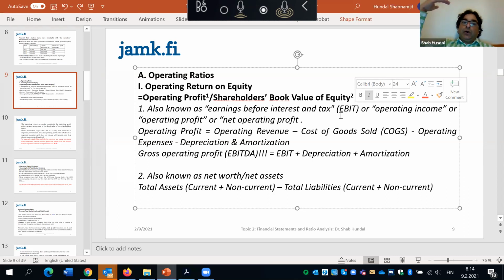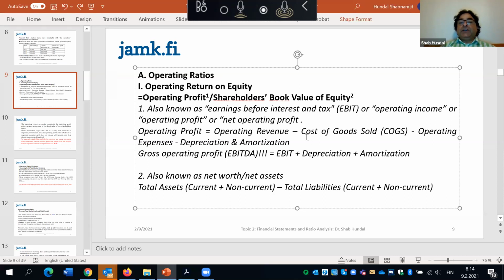But if you know what to see and how to see the statement, then it doesn't matter whether it's P or E. The most common expression is earnings before interest and tax. But sometimes you can see even income before interest and tax, or operating income, or net operating profit, or just operating profit.